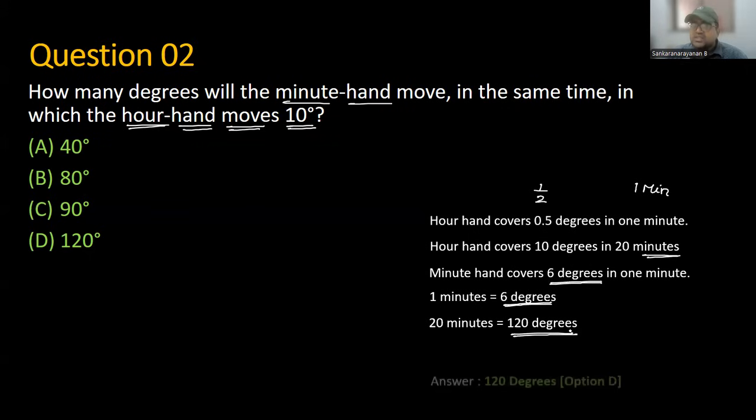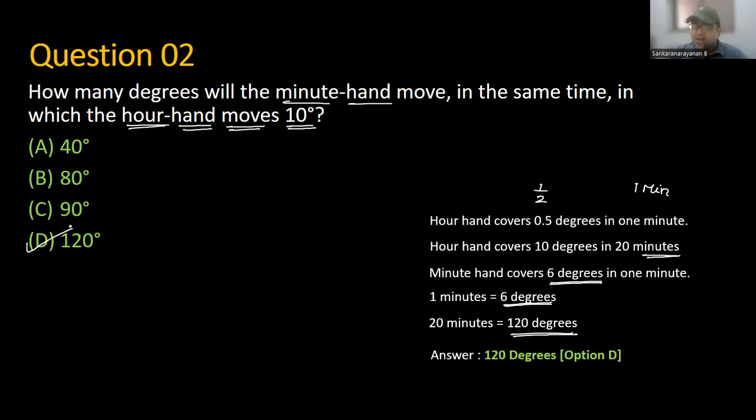So for this question, the correct answer is option D, 120 degrees. In a nutshell, the hour hand, in order to cover 10 degrees, will take 20 minutes. In those 20 minutes, the minute hand will cover 120 degrees. Option D is my final answer.